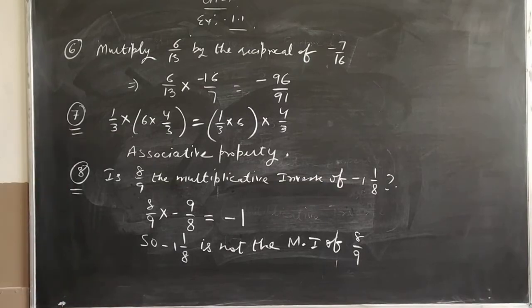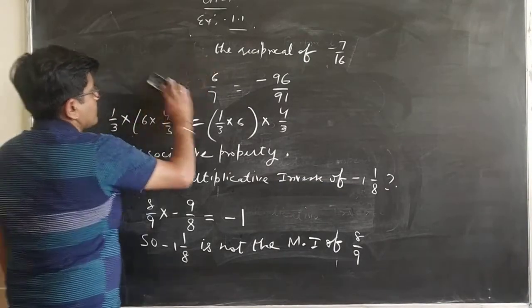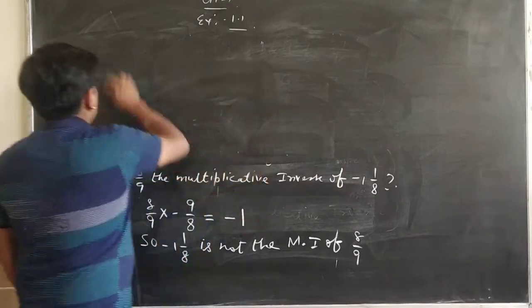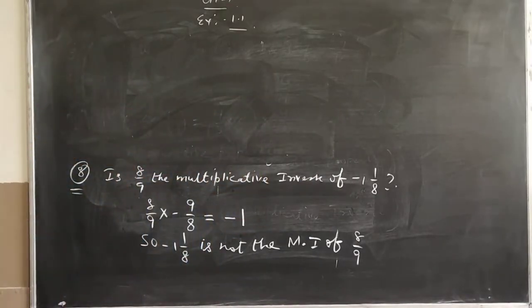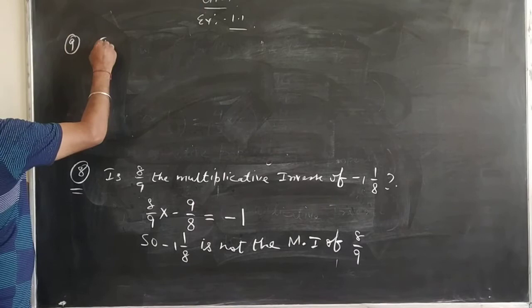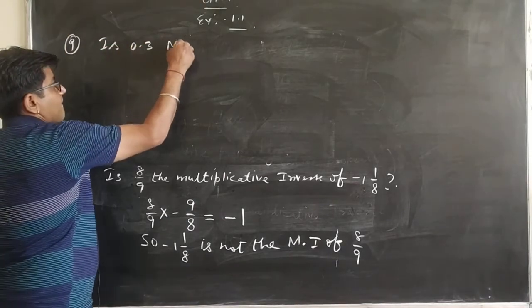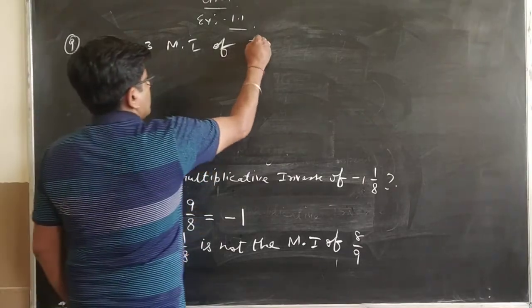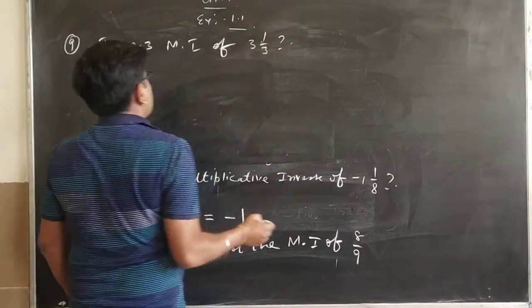Now comes the next question. Question number 9 is, is 0.3 the multiplicative inverse of 3 is to 1 upon 3. Again we will check the multiplication.